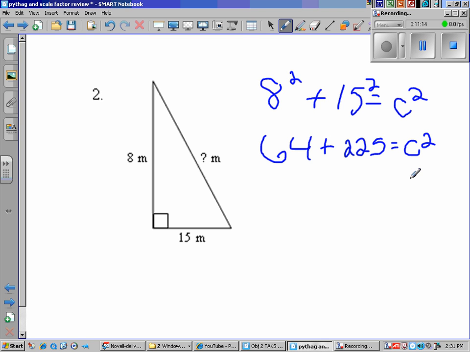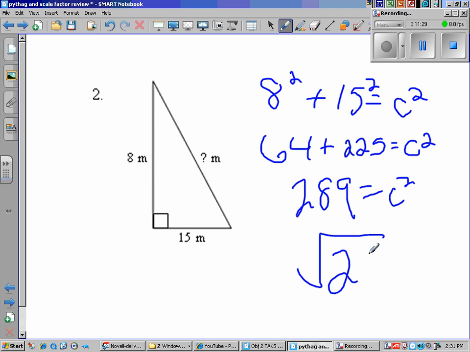If I take 225 plus 64, I'm going to have 289 to be c squared. So now to find c, you have to take the square root of 289. And when you do that, your answer is 17.